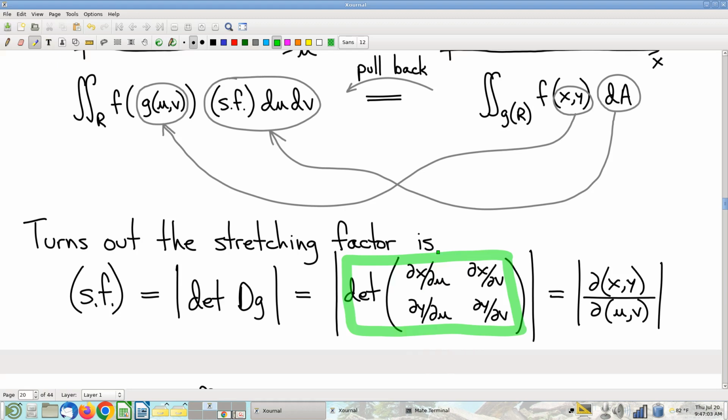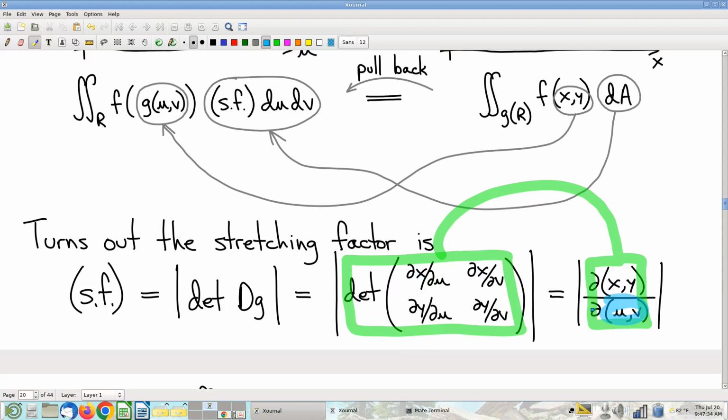There is an alternative notation for that determinant. That alternative notation is this right here. I have a hair on my screen there. So this weird little notation is kind of strange looking at a glance, but let me give you two motivations for why we like this notation. For one thing, it literally says in how it's written, as if we're taking the derivatives of all of the output variables with respect to the input variables.